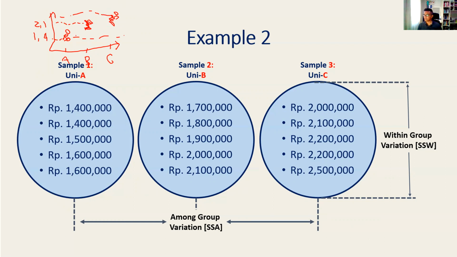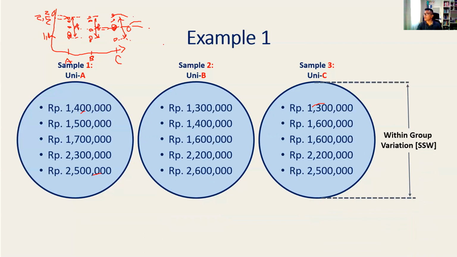Here we can see the within-group variations of Uni A, Uni B, and Uni C. If we observe carefully, the central points, or the average value of each group compared to the others, or the among-group variations, are distinguishable. There are no overlapping zones like we see in example 1.